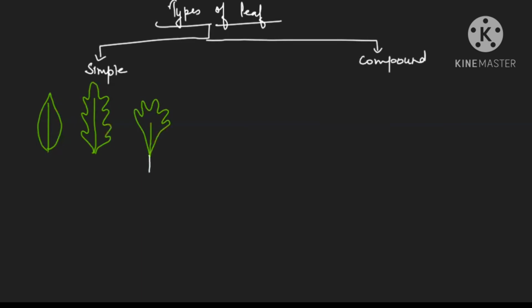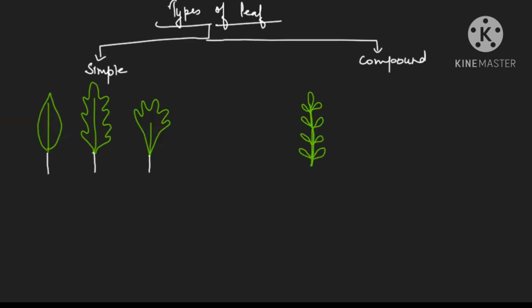Now, but see here on this side, check the diagram carefully. The incision has reached to the midrib. So in such a case, it is known as compound leaf.